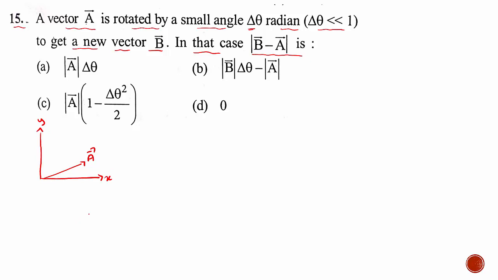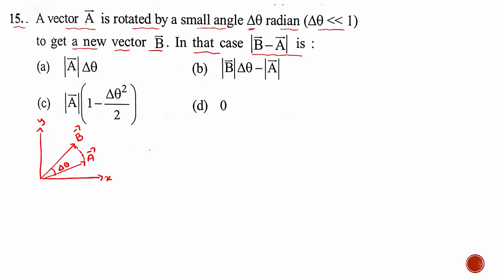So this vector is rotating by a small angle delta theta radian. When it starts to rotate, we will get one more vector. We can take it as vector B. Because it is rotating and makes a certain angle, delta theta, right? So this is moving from vector A to vector B.